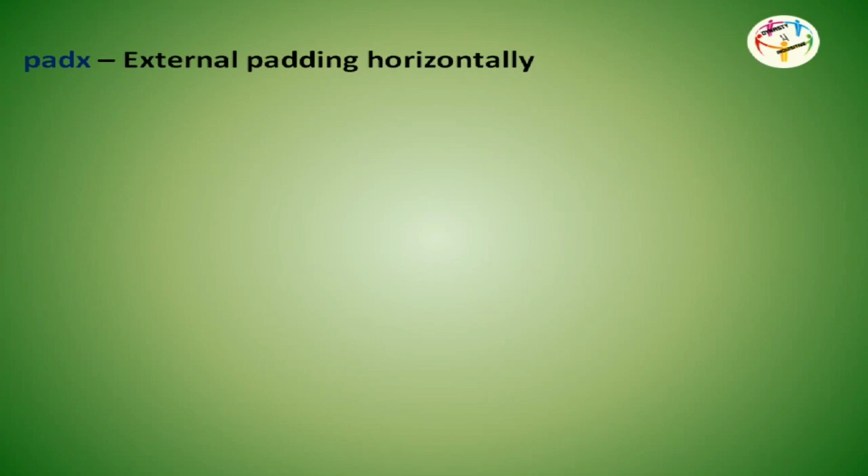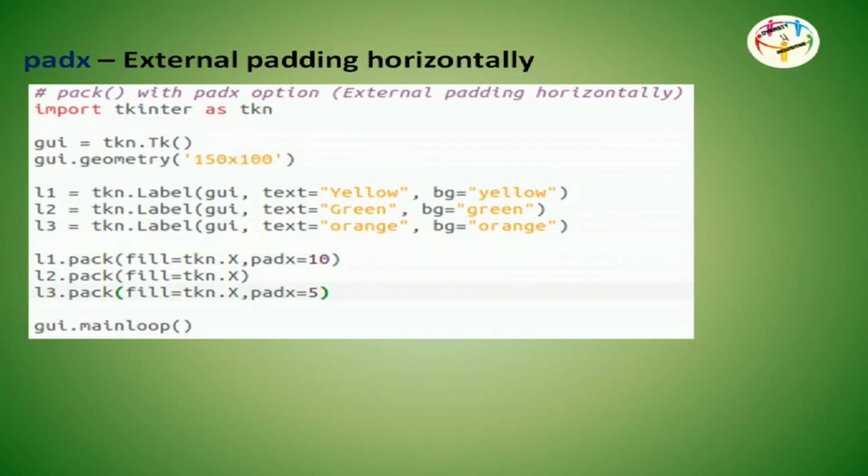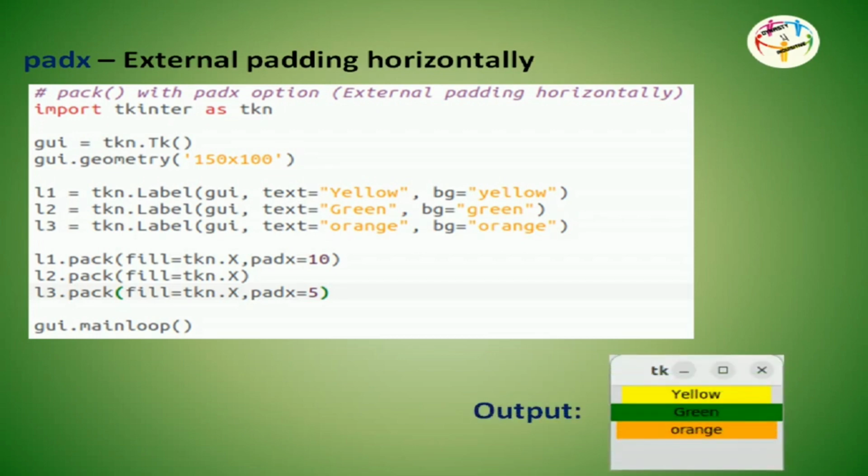Next option is padx, which means external padding horizontally. In this example 3 labels are used, and for label 1 and label 3 we are using padx equal to 10 and padx equal to 5. Look here, padx equal to 10 represents this space, means the space between the edge of the parent window and the edge of the widget.